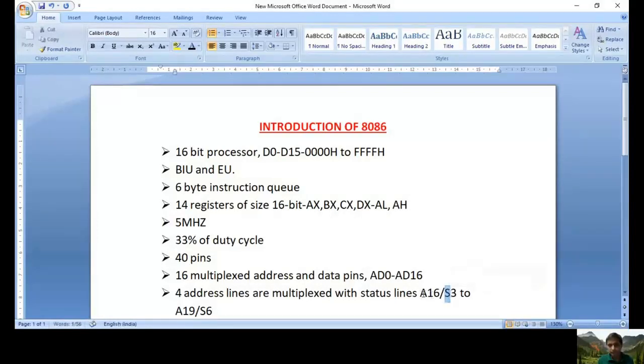So A16 to A19 means a total of 4 address lines, and they are multiplexed with 4 status lines. The status lines have separate functioning. We'll discuss the functioning of each status later.